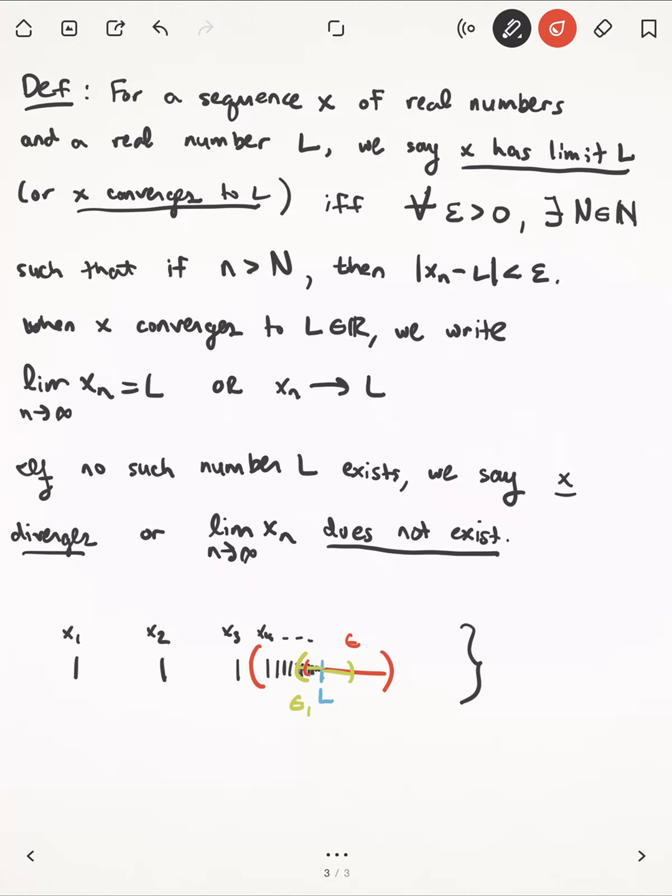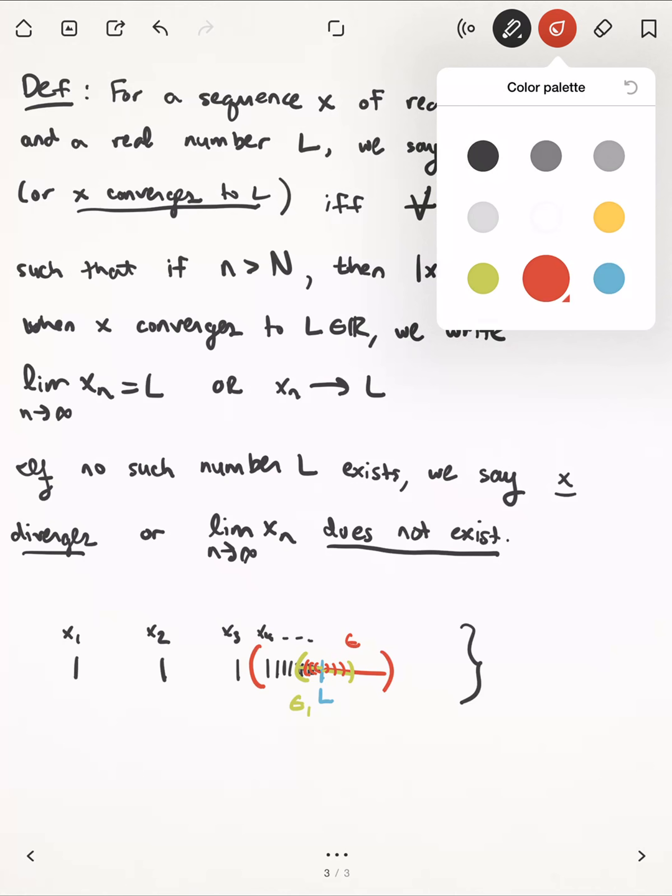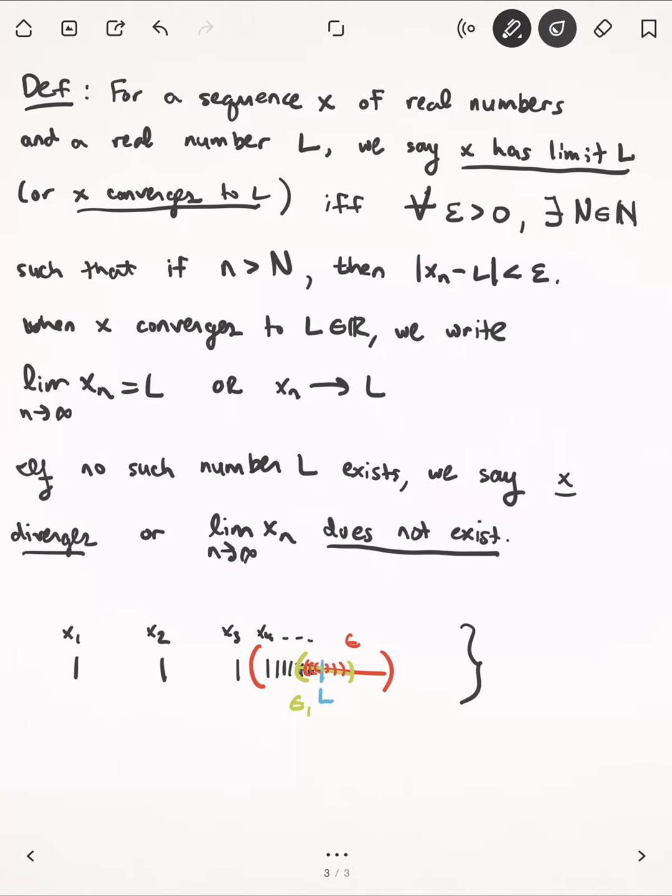So no matter what epsilon you give me, if I can find a natural number such that terms of that sequence are within that distance that you gave me from the limit, then the limit of that sequence exists, and it is that number that we've been discussing. Okay, so hopefully that wasn't too confusing. It can get a little technical, but that's the idea: I give you a sequence and I say the limit is L.